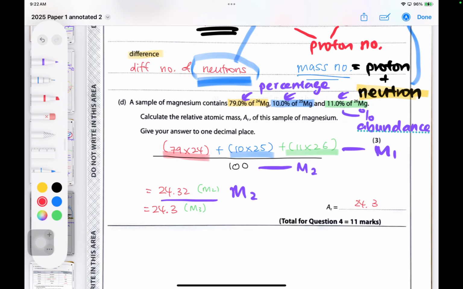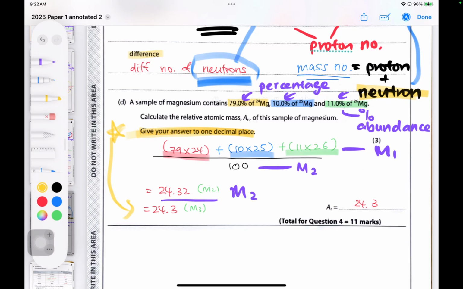And the 3rd mark here that some students tend to miss out is this statement here. You do need to give your answer to 1 decimal point. Now these are small things, but they do add up to quite a lot of loss in marks, because you were rushing through your question and didn't see the instruction, the command words.